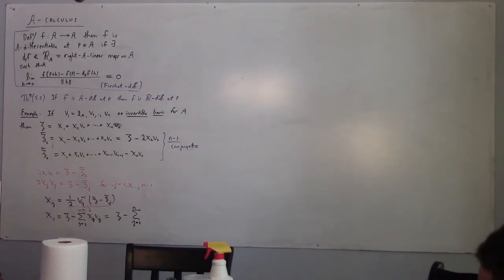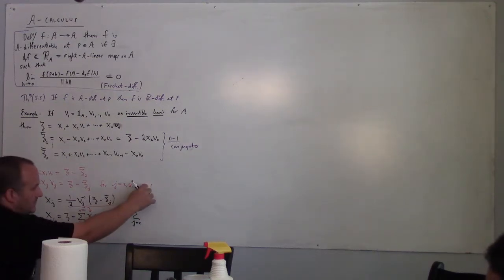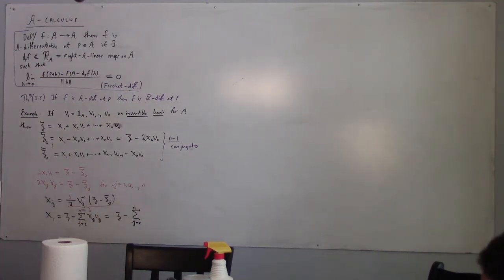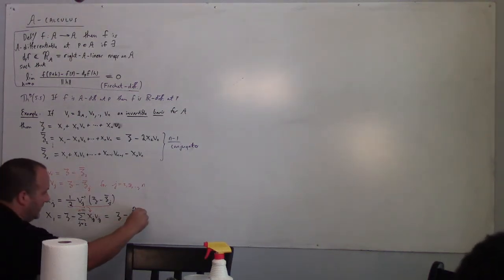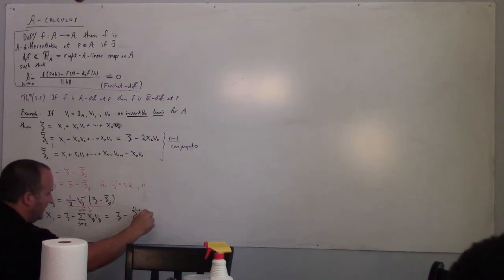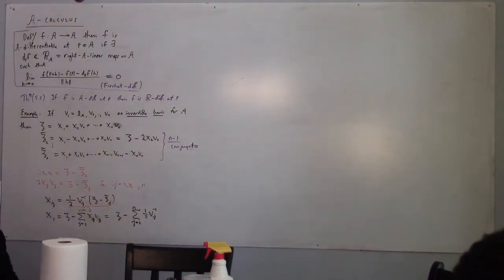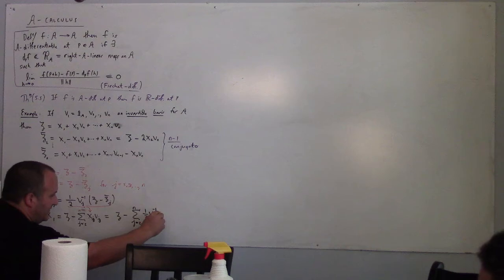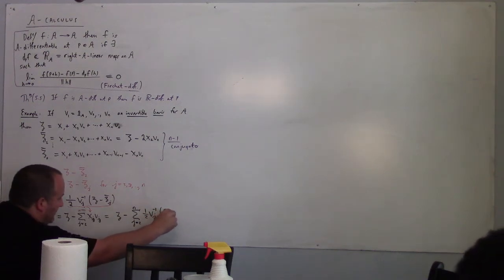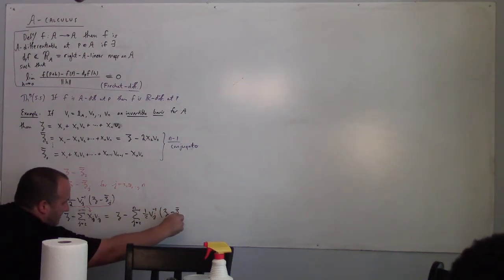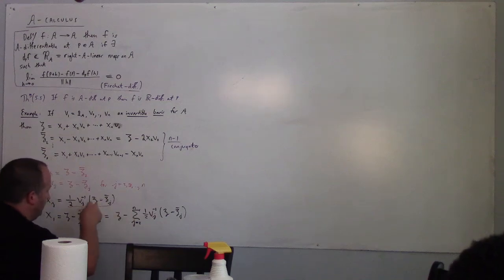Sorry. So zeta minus the sum, j equals 2 to n, of 1/2 vj inverse times zeta minus zeta bar j, and of vj, right?